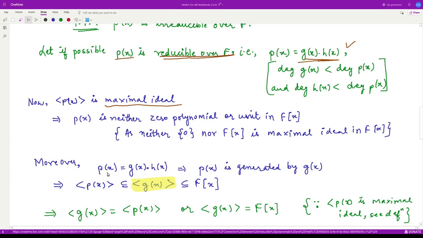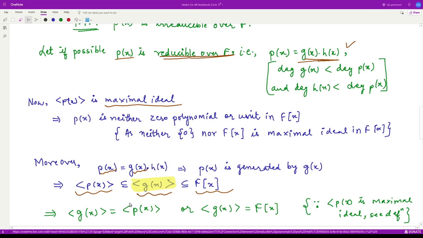So that means this p(x) is generated by g(x), so this ideal is contained in this ideal. Moreover, g(x) was an element of F[x], so the ideal generated by g(x) is contained in F[x]. So there is no problem writing this.